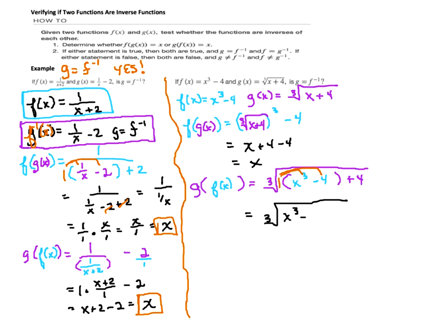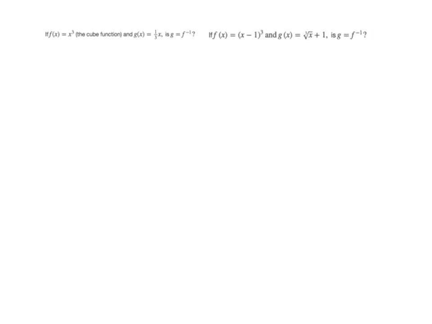So this is the cube root of x cubed minus 4 plus 4. Well, minus 4 plus 4 are opposites. So this is the cube root of x cubed. Anytime you take the cube root of something cubed, it's just that thing. So once again, we have an example of inverse functions. So in this case, g is also equal to f inverse. Yes, it is.